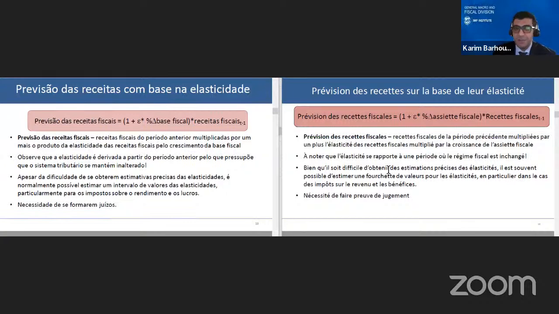Here is an application again, with the same example and the same data. Here, again, we have the forecast of the tax base, which is imports for 2017. We have data from 2014 until 2016 on import duties, I mean tax revenue, and import value.